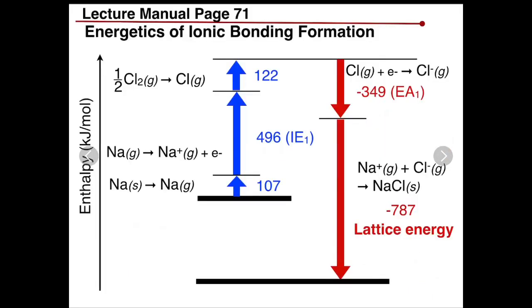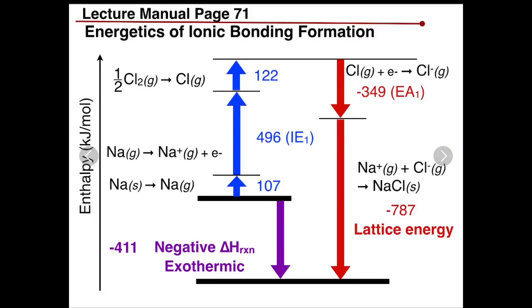So the overall process: if you take into account that we have endothermic steps that require energy, and we also have steps that are exothermic and give off energy, then the difference between the amount that is consumed and the amount that is given off is what we are left with as the overall heat.